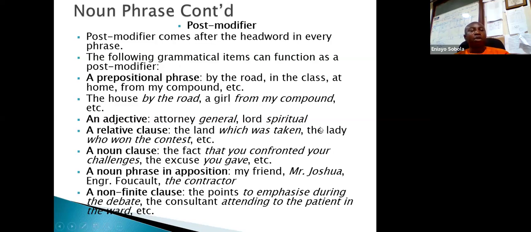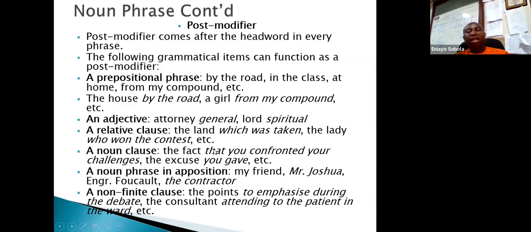Aside from relative clause, we also have a noun clause. A noun clause can also function as a post modifier in a noun phrase. We have an example here. The fact that you confronted your challenges. The major item we are talking about is fact, which is the head word. That you confronted your challenges is a clause.